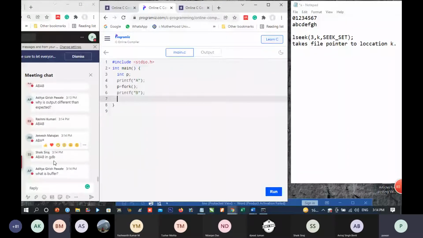Only AB is also possible in GDB. Because A is put into the buffer. When a process creates a child, the buffer is also copied to the child like any other variable. And B is put in the child buffer and A was already there. So parent and child both print it.